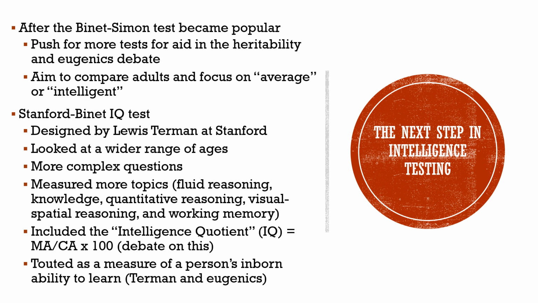Now, to really quantify these differences, he did push this thing that we call the intelligence quotient, which I alluded to earlier is sort of linked to Binet and Simon already in their original work, but it became much more widely distributed as the work of Terman started to become more mainstream.